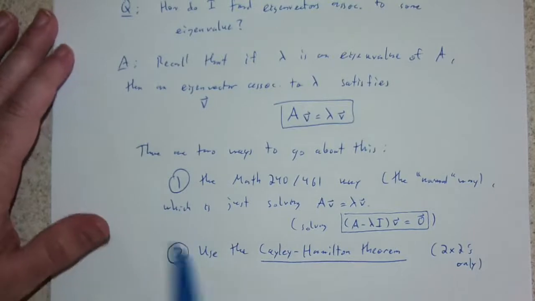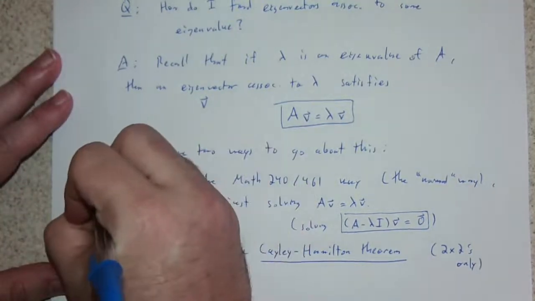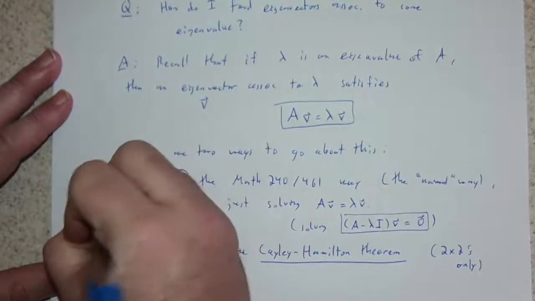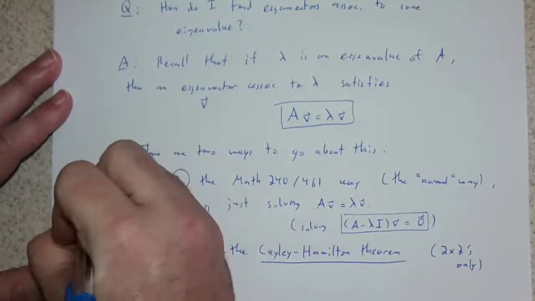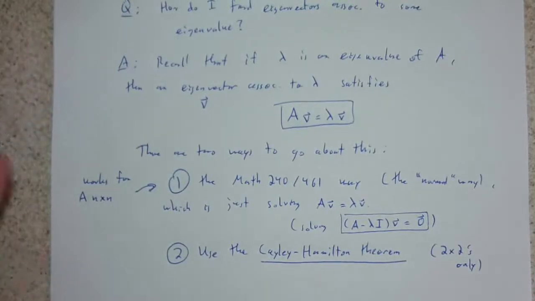This first method works for anything, so this works for n by n's. Using Cayley-Hamilton is going to work for 2 by 2's only.